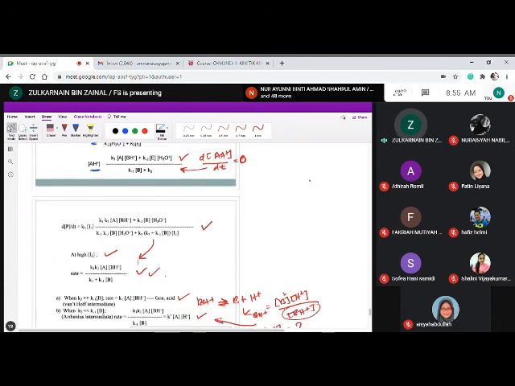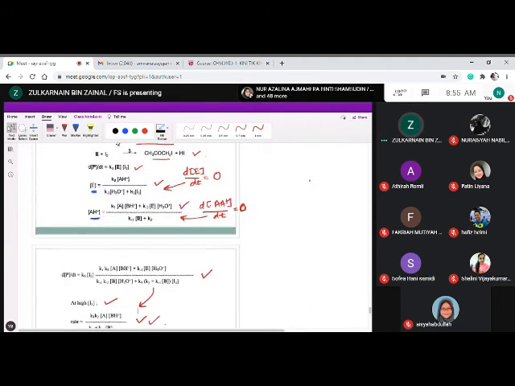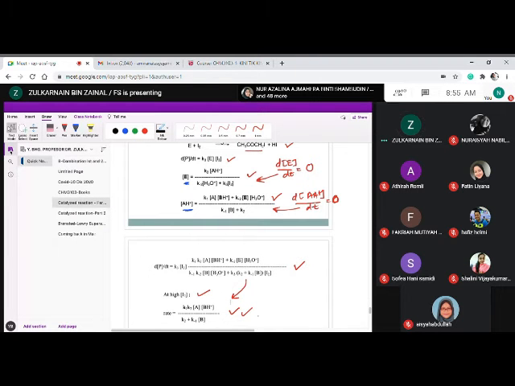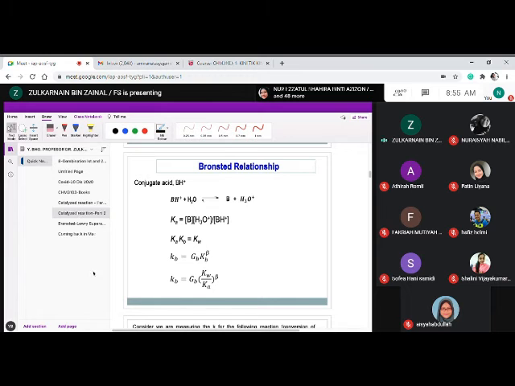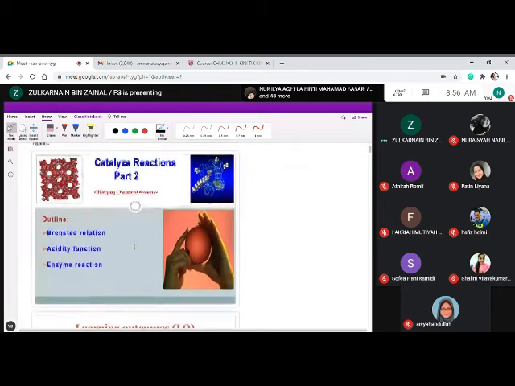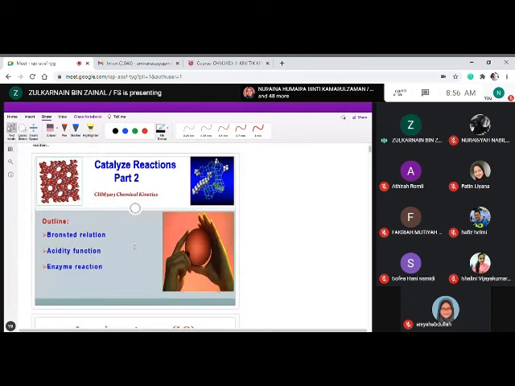Alright, so let us move on then to the next part, which is part 2 of the catalyst reaction.